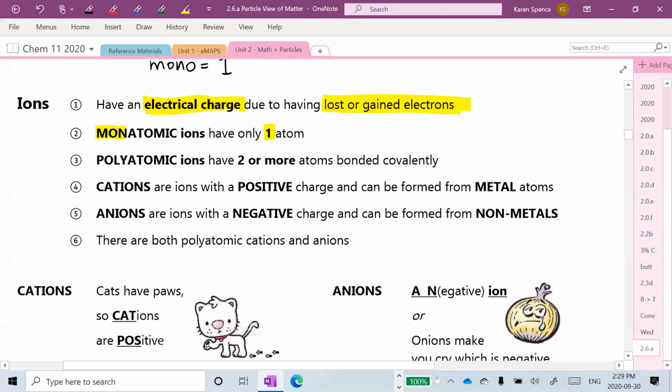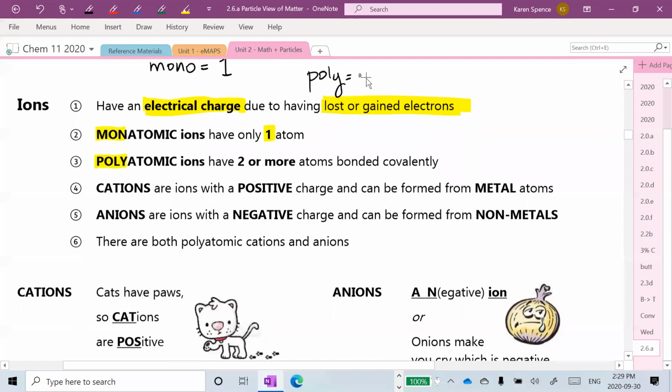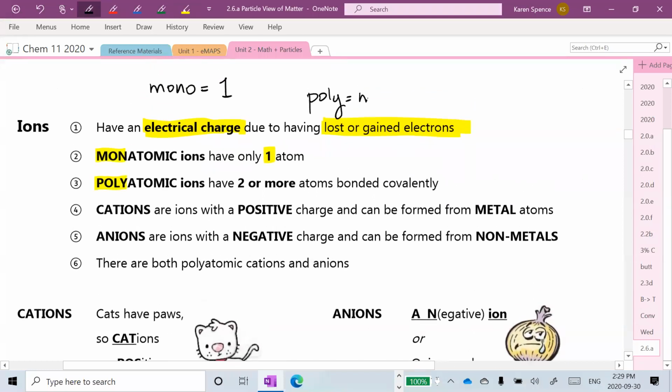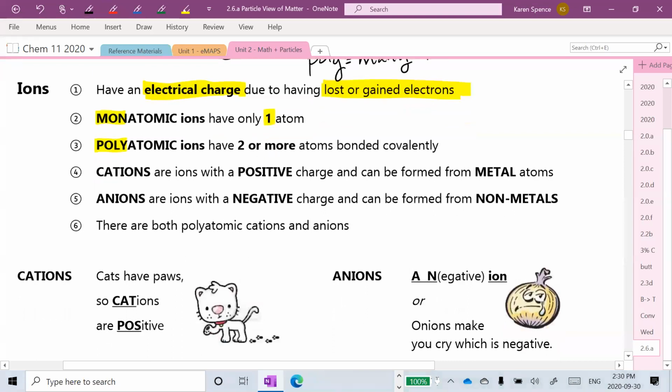Or do you remember hearing about polyatomic ions, maybe last year, grade 9 as well? Poly means many. So a polyatomic ion is going to have many atoms, or at least 2. It'll have 2 or more atoms, and they are going to be bonded together covalently.